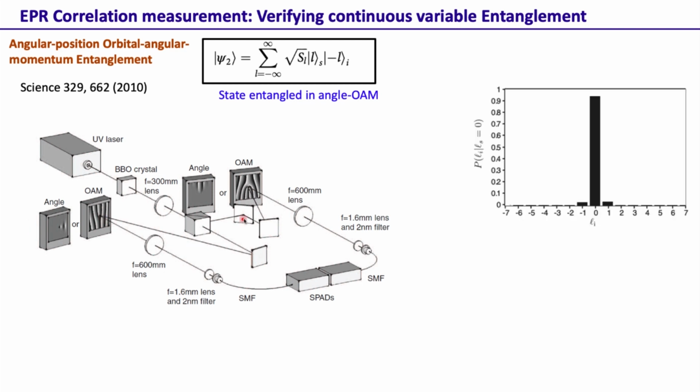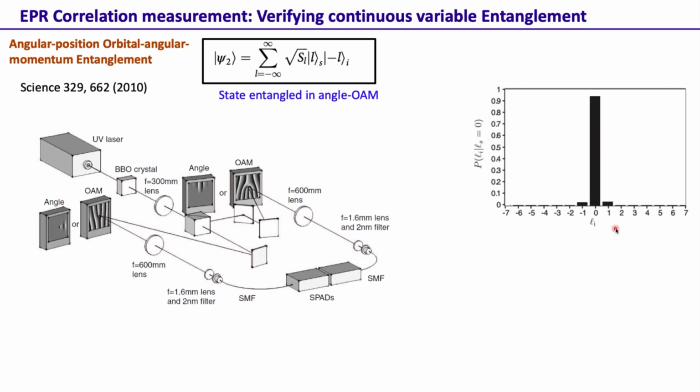When we are looking at the orbital angular momentum correlation, one puts a diffraction hologram through which one detects, let's say, the signal photon at orbital angular momentum l equal to 0. This one is kept at l equal to 0, and then we change the orbital angular momentum of the idler photon, and look at the range of l values at which the idler has a probability of being detected.